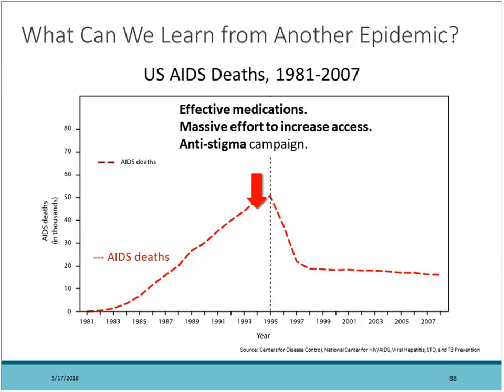Rock Hudson and Magic Johnson came forward to help people see AIDS as a disease and not as a character flaw or a moral issue. We made antiretrovirals widely available and had massive campaigns to make sure that every single person with HIV had access to the treatment they deserved. And we saw corresponding rapid decreases in viral loads and death related to AIDS.